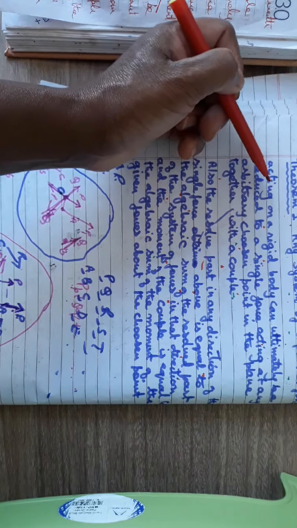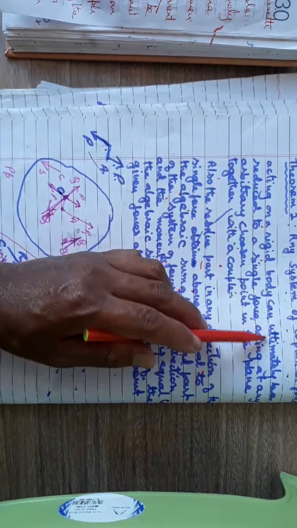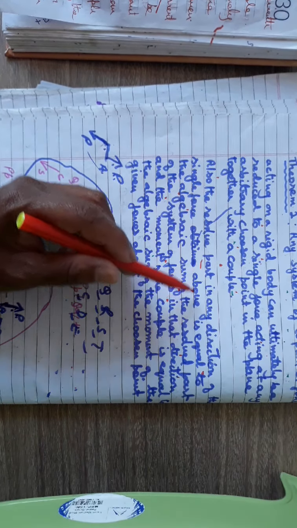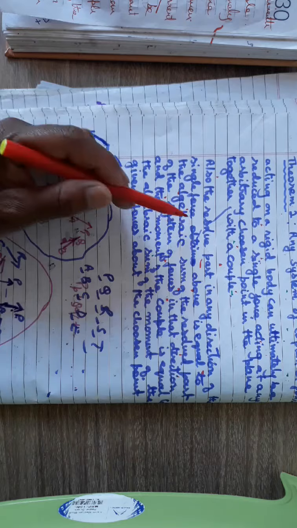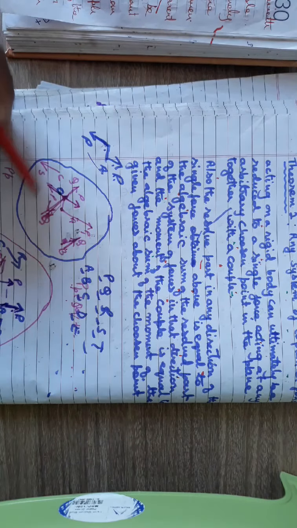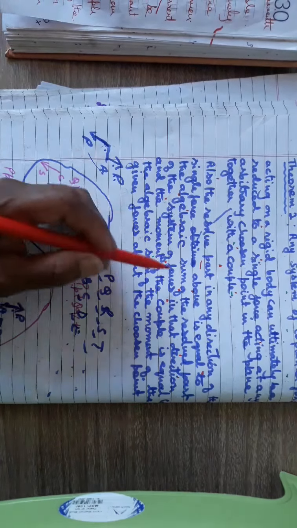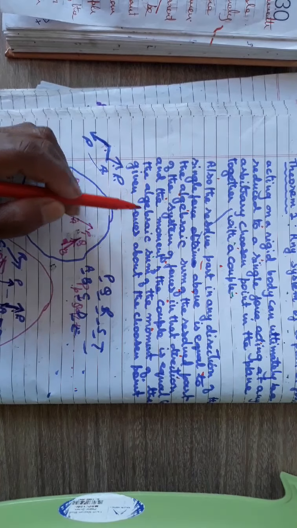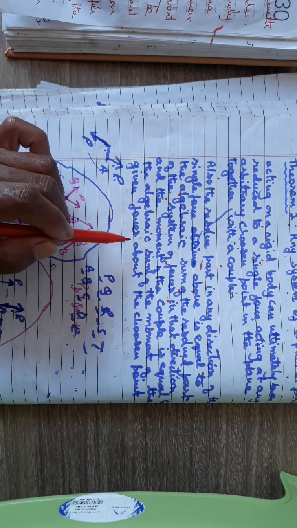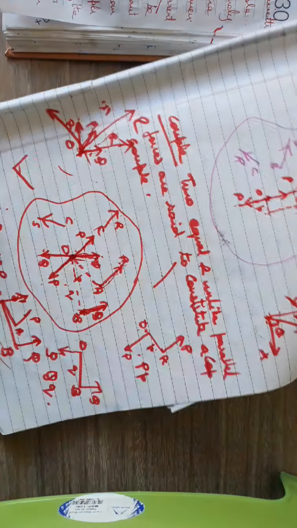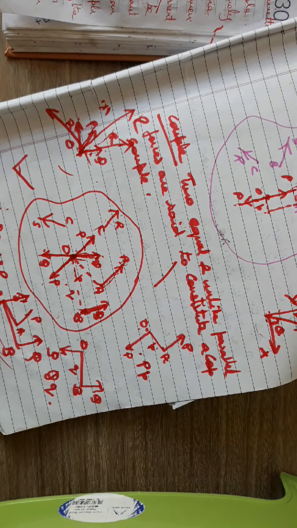Hence we say that any system of coplanar forces acting on a rigid body can be reduced to a single force together with a couple. The resolved part of the single resultant obtained will be equal to the algebraic sum of the resolved parts of the whole system of forces, P, Q, R, in that same direction, and the moment of the resultant couple will be equal to the sum of the moments of the individual couples, that is P into p plus Q into q plus R into r.